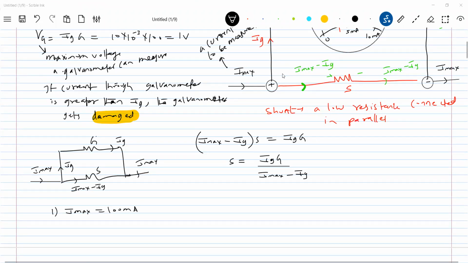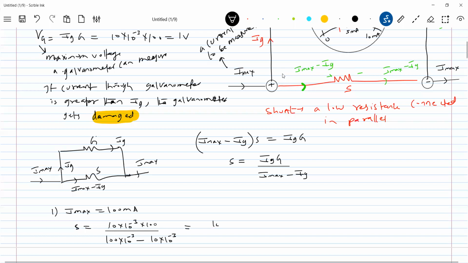The numerator is 10 into 10 to the power of minus 3 times G, and the denominator is 100 into 10 to the power of minus 3 minus 10 into 10 to the power of minus 3.